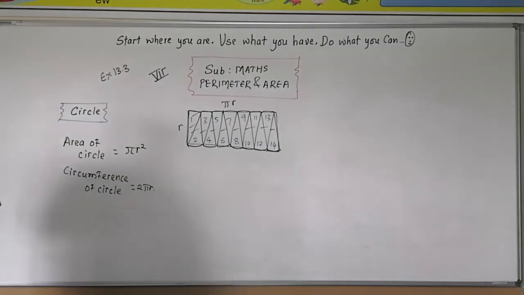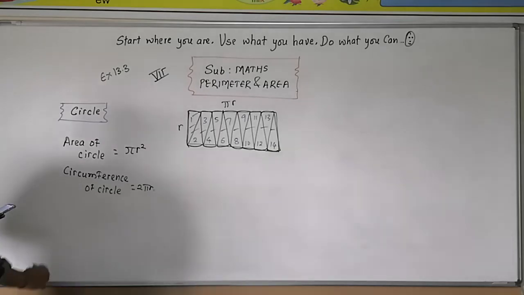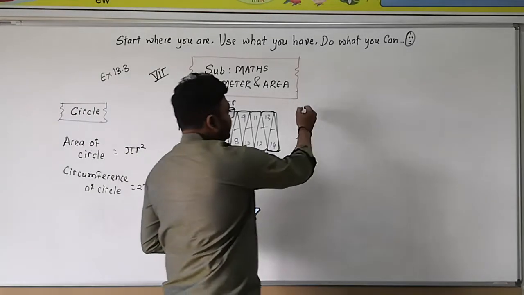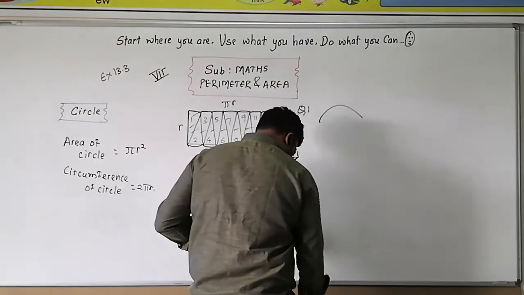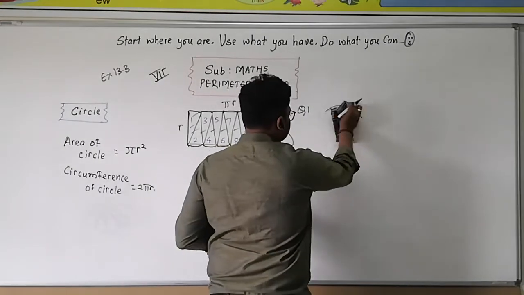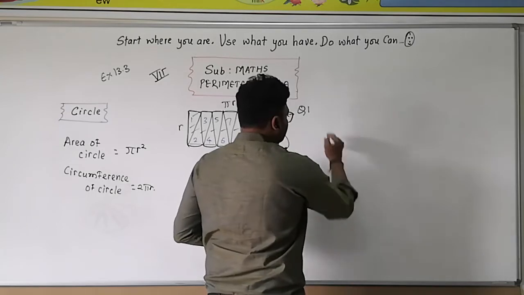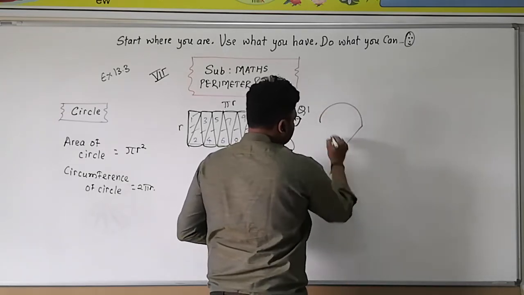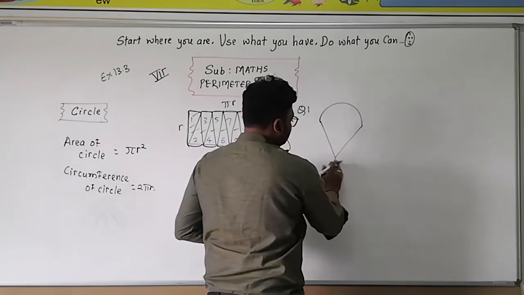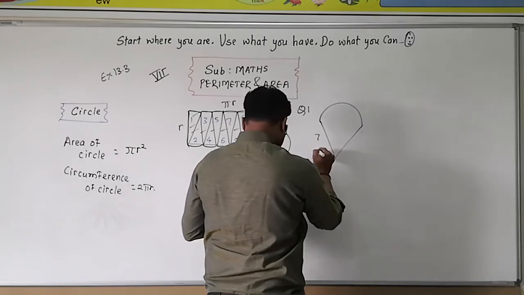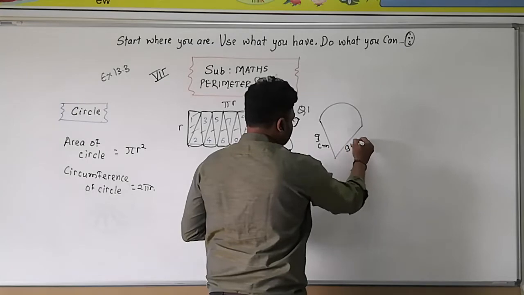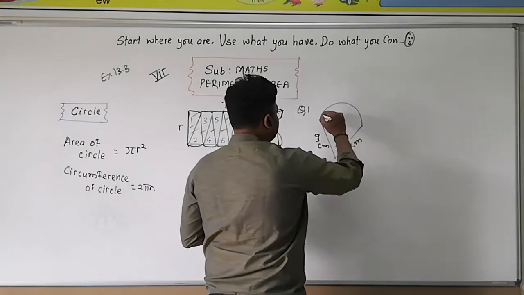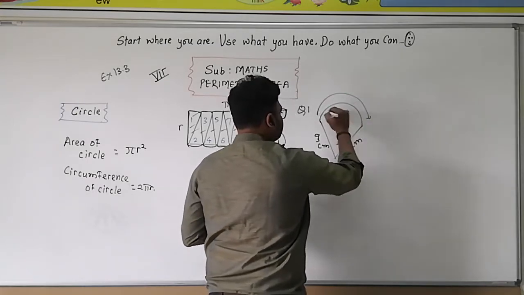Question number 1, find the perimeter of the following. The first figure is like an ice cream cone. This is given as 9 centimeter, this is also 9 centimeter, and this length is given as 11 centimeter.